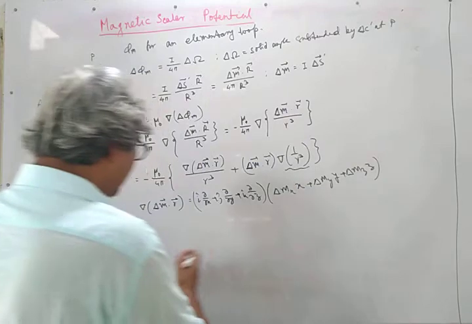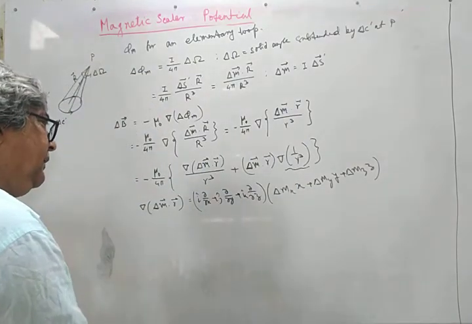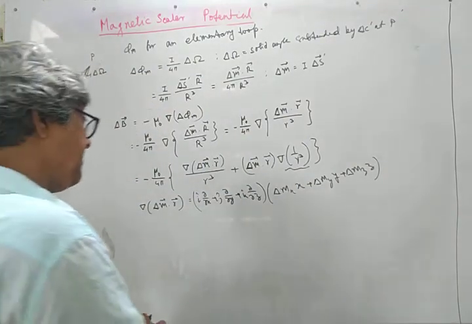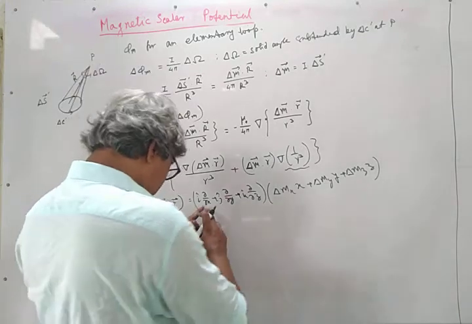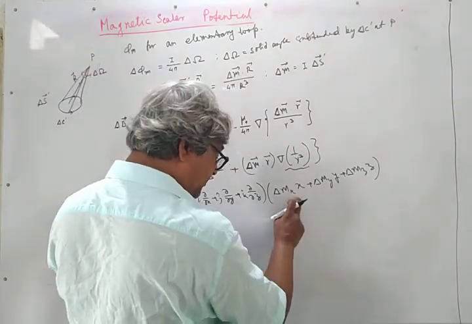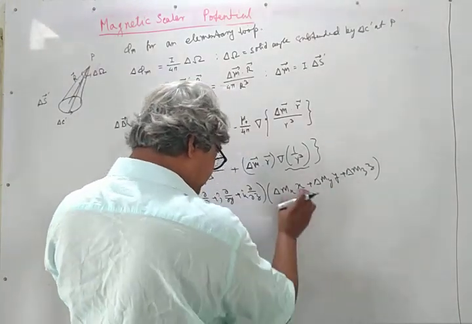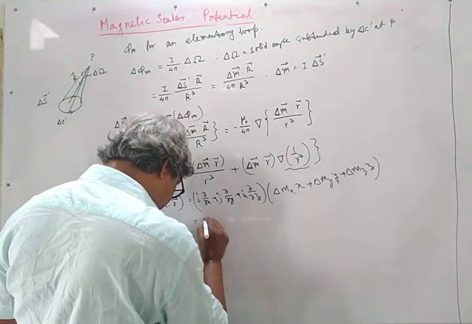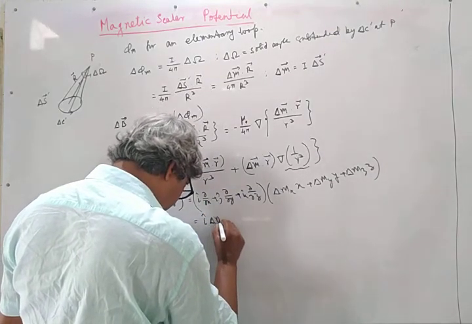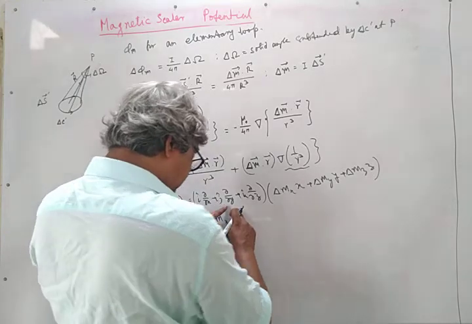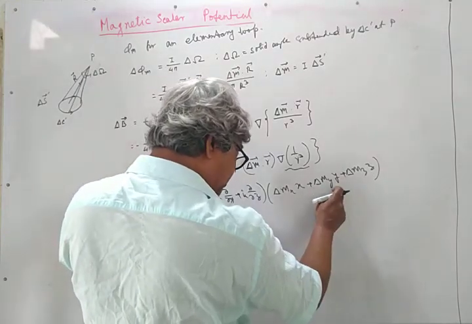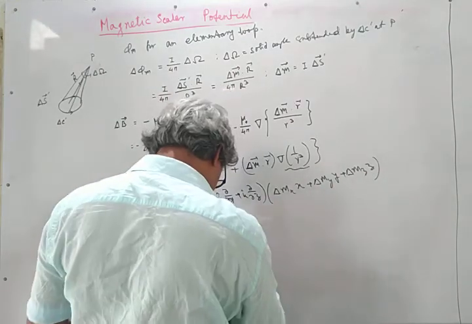This way of calculating does not require remembering any vector identity. When the gradient operates, only this term contributes, the others go to 0, and the result is i cap delta mx. Then this is 0, this is just delta my, this is 0.